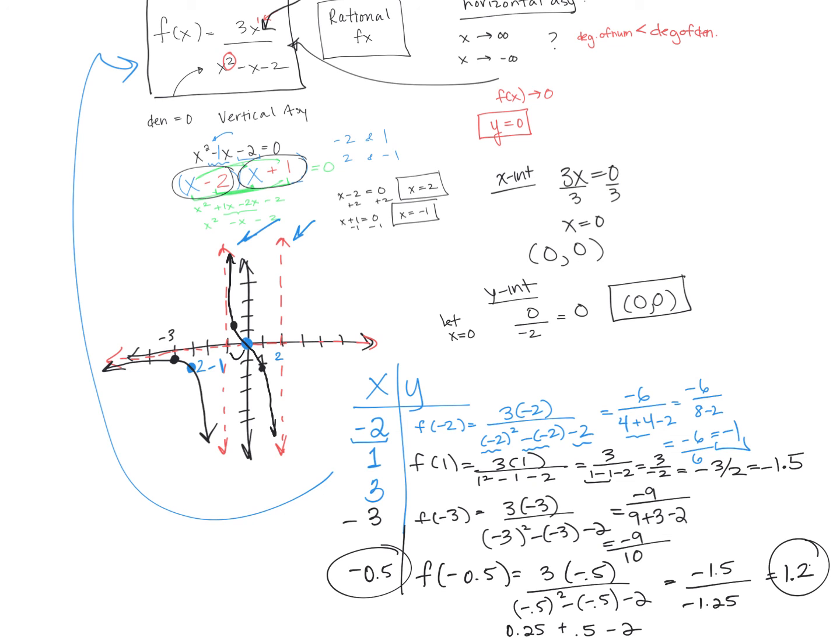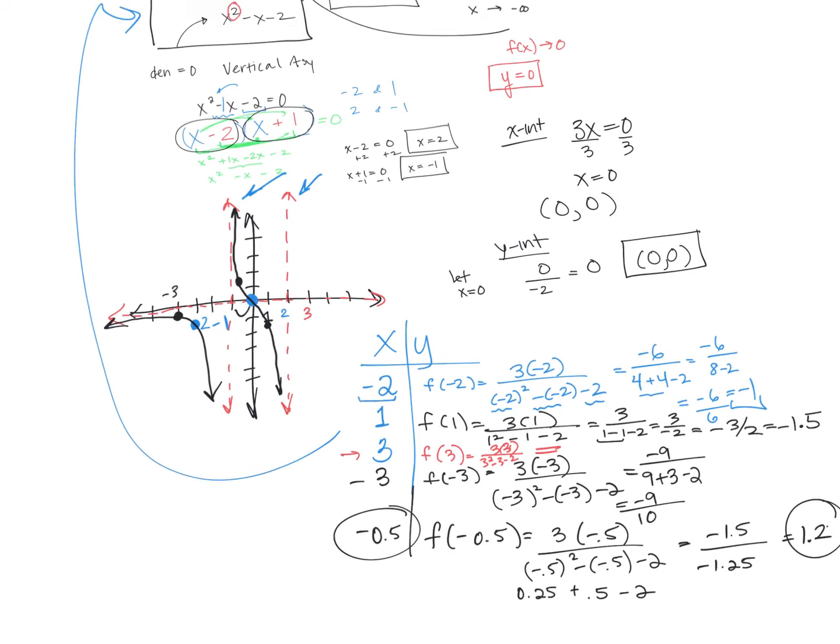And then the last thing that I want to check is, again, right on the other side, which would be a 3. So if I plug in 3, f of +3 this time will be 3 times the 1. Or, I'm sorry, not 3 times the 1. Let me undo that. The formula had 3x, so we're going to write 3 times 3 over, we'll square the 3, minus the 3, and minus 2.